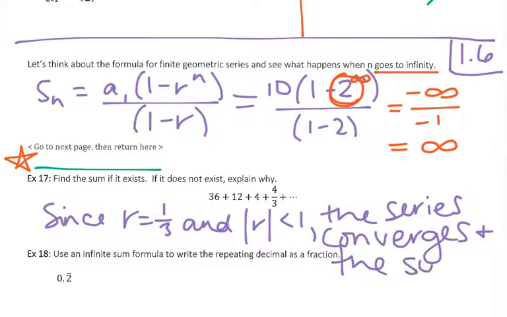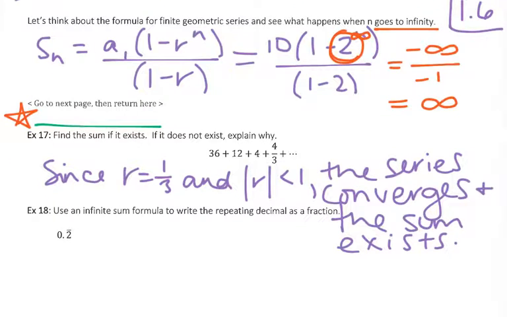That's all you have to say in terms of an explanation, and then we would find the sum using our formula. I'm not going to show it, we'll just show the general formula. The infinite sum equals a1, which is 36, times 1 over 1 minus r. So that's how we find the sum.